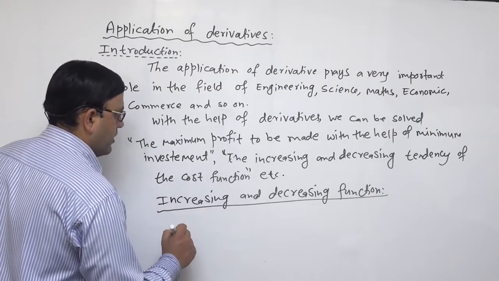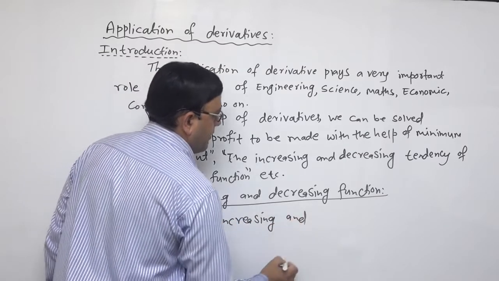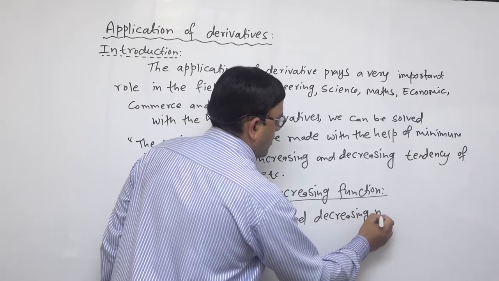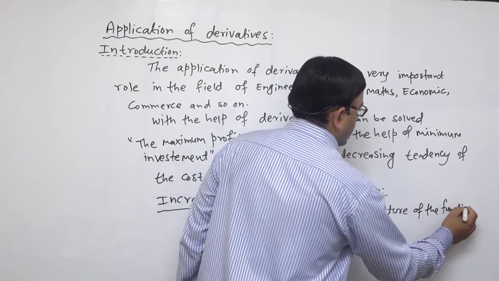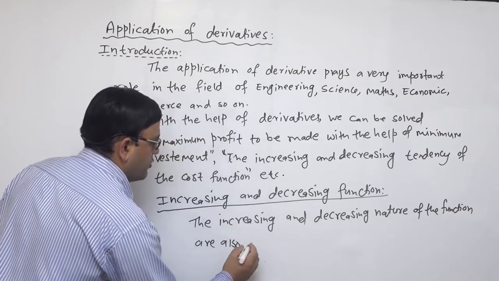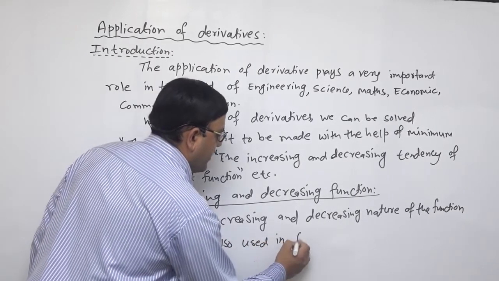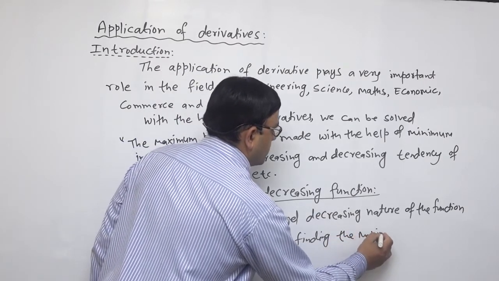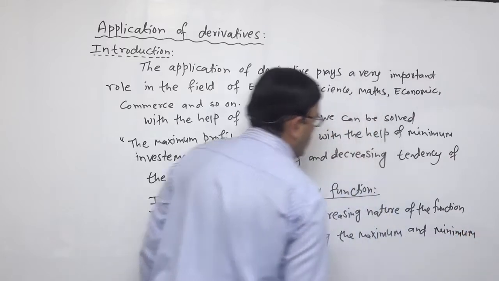The increasing and decreasing nature of the function are also used in finding the maximum and minimum values of the function.